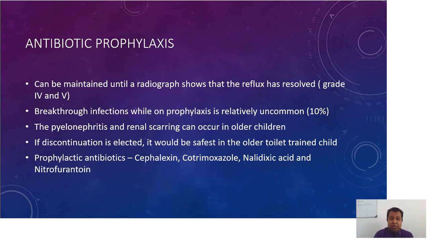You also need to look into the associated risk factors like the degree of reflux, whether it's resolving, the duration from the last urinary tract infection or last febrile UTI, and any associated risk factors like constipation. Therefore, all these things have to be considered when you decide to discontinue prophylaxis.